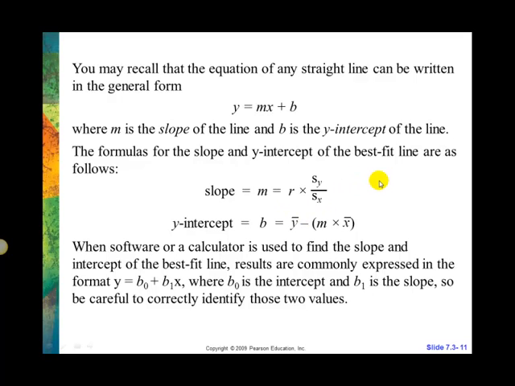And now remember, to find the y-intercept, you can take the slope and a point on the line. Well, the mean of both values, the mean of x and mean of y, will be on that line. So you take the mean of x and the mean of y, and you plug it into this formula. So you take the mean of y and the mean of x, plug it in, plug in your m, and so you multiply your slope times the mean of x, subtract that from the mean of y.